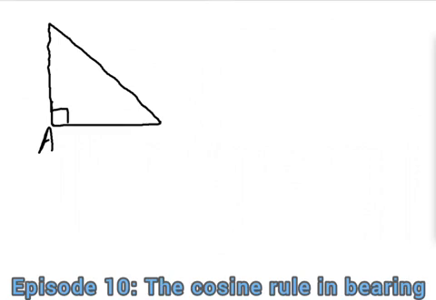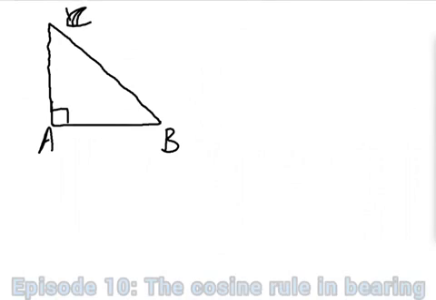We call this first point A, and then we have this other point as B, and the last point there is the point C.